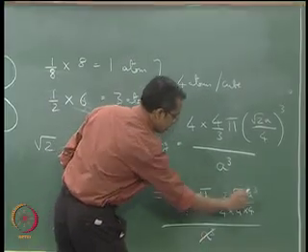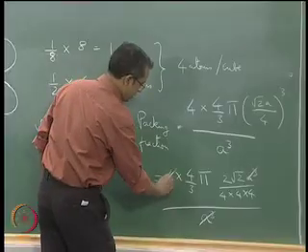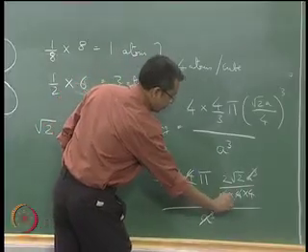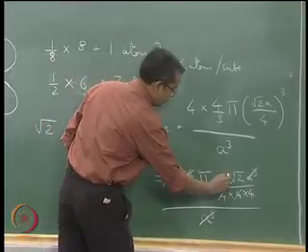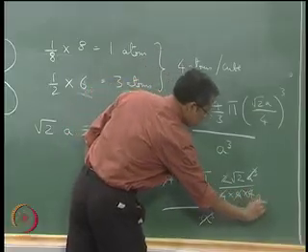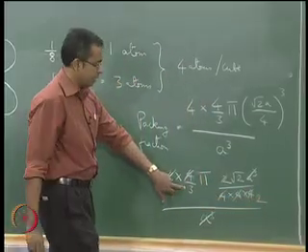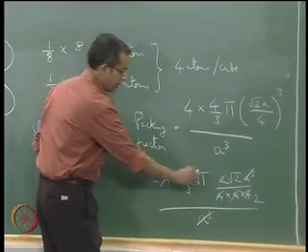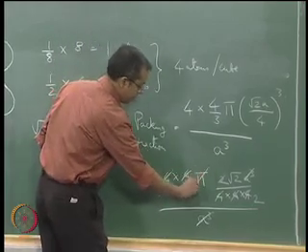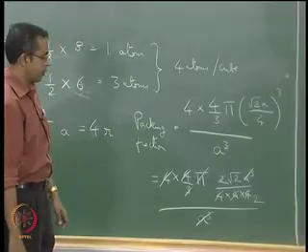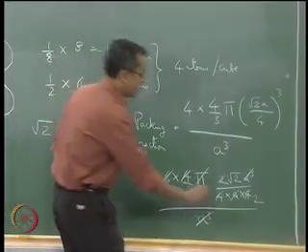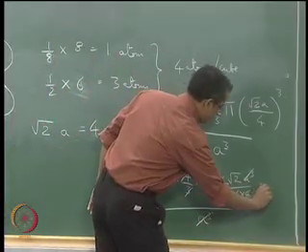We can cancel these things out: A cubed goes, and the 4s go. So we will have 2 here, and once again we will approximate and cancel out 3 and pi. This is just an approximation to give ourselves an order of magnitude. So this is approximately 1 by root 2.